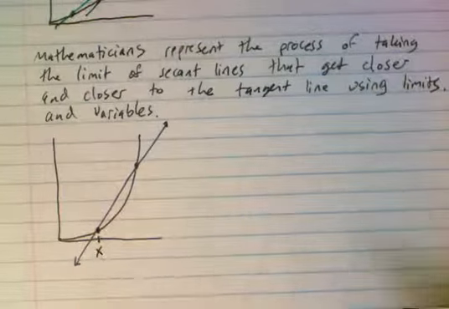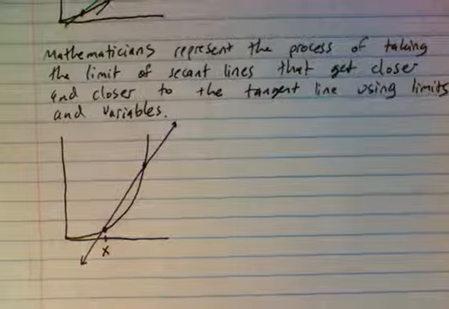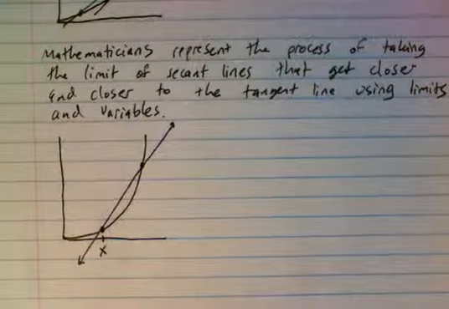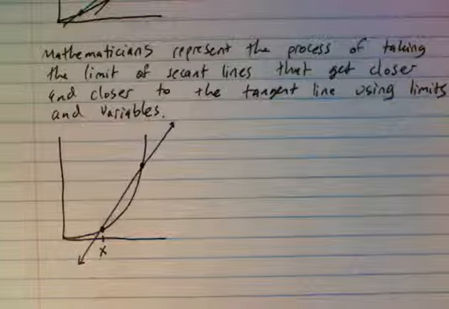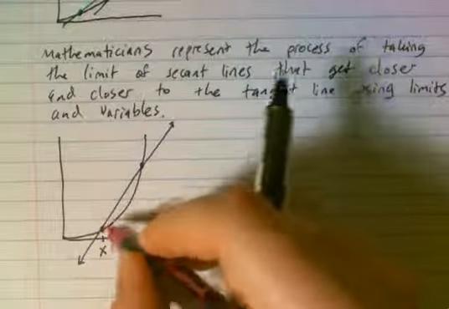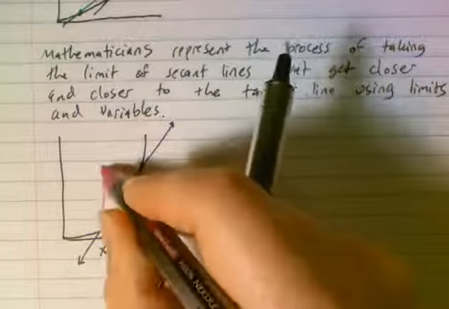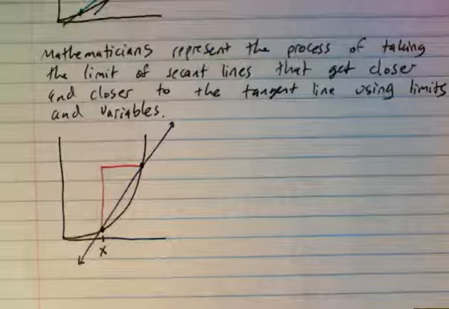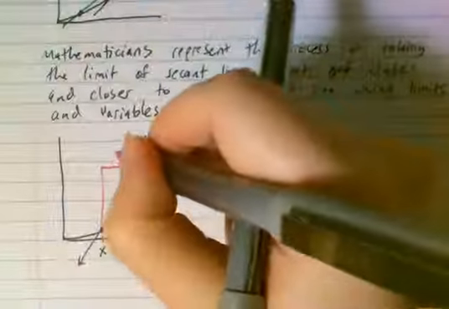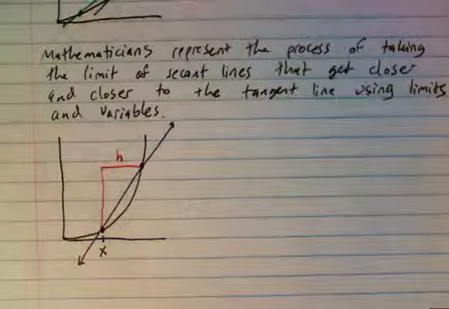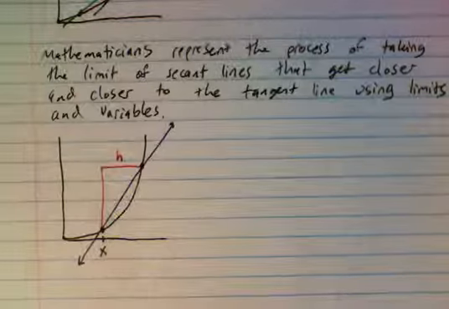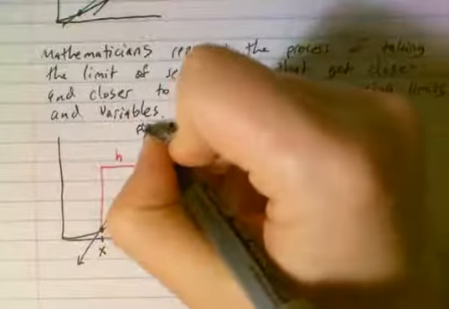We're just going to let that be x, some number, any number. We really don't care. And from x, we're just going to go up and over in order to get to our next point. So like up and over like that. And we're going to let the distance that we go over be h. So what that means is that right down here, this point, so let's see, this curve is f of x. We don't care what it is.